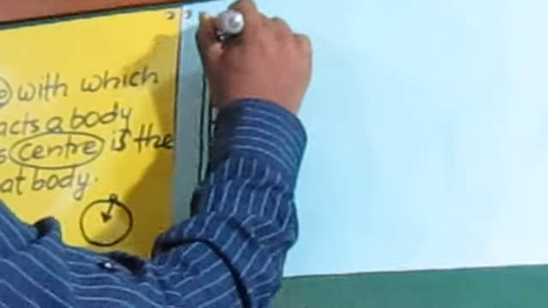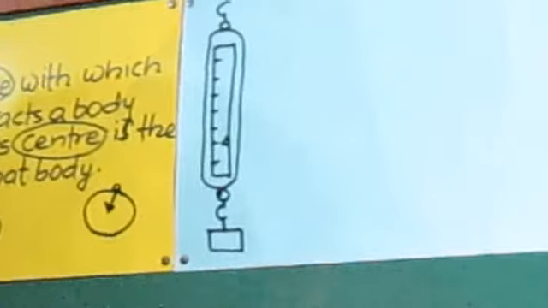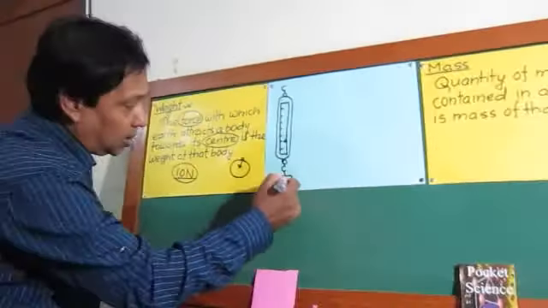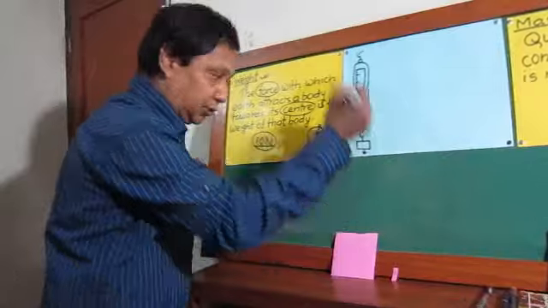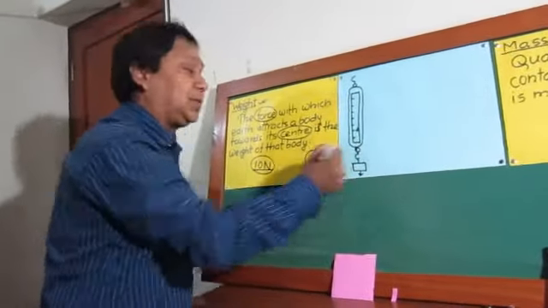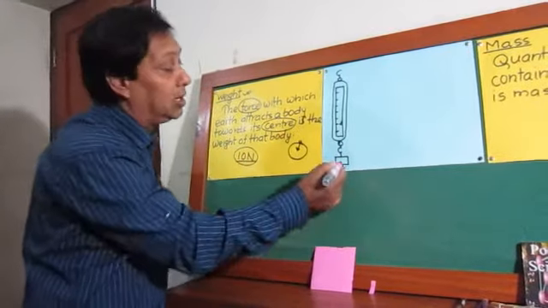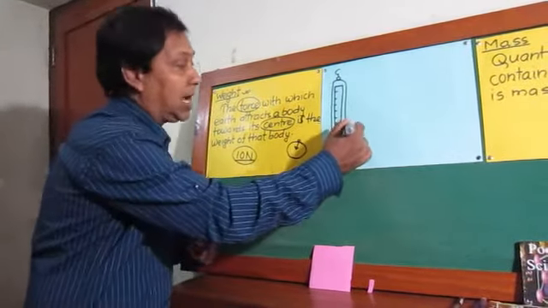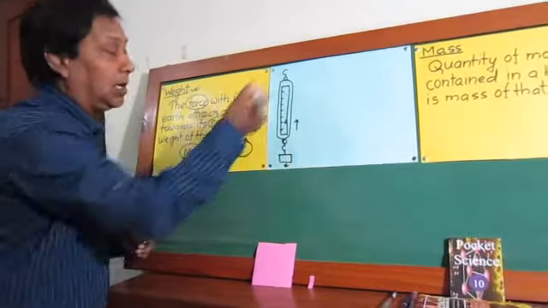If a body is suspended with the help of a spring balance like this, then this body is actually attracted towards the center of the Earth. And the spring balance is suspending this body by applying a force which is equivalent to the pulling force of the Earth. And this force applied by the spring balance is acting in the vertically upward direction.